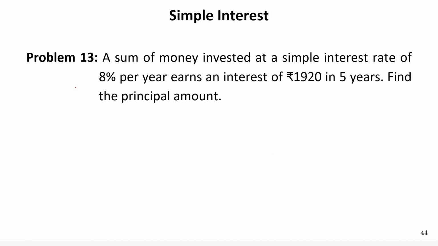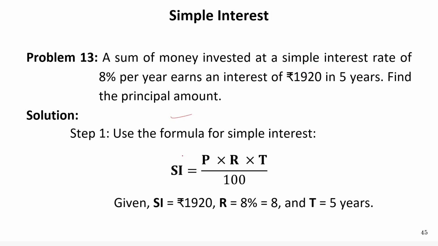Let's see problem number 13. A sum of money is invested at a simple interest rate of 8% per year and earns an interest of 1920 in 5 years. Then find the principal amount. Okay, so using the formula SI is equal to PRT by 100.